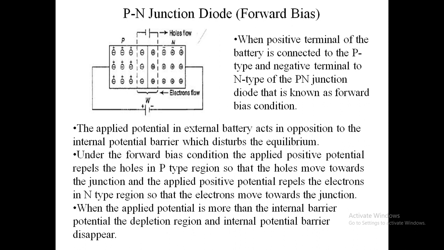Under the forward bias condition, the applied positive potential repels the holes in the p-type region so that the holes move towards the junction, and the applied potential repels the electrons in the n-type region so that the electrons move towards the junction. When the applied potential is more than the internal barrier potential, the depletion region and the internal potential region disappear.